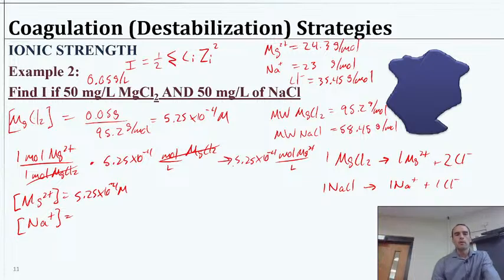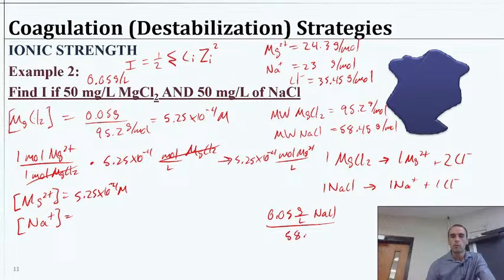If we do the same thing we did a moment ago and say 0.05 grams per liter of sodium chloride, divide that by our molecular weight, which was 58.45 grams per mole.